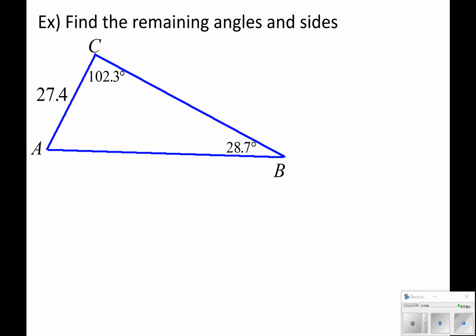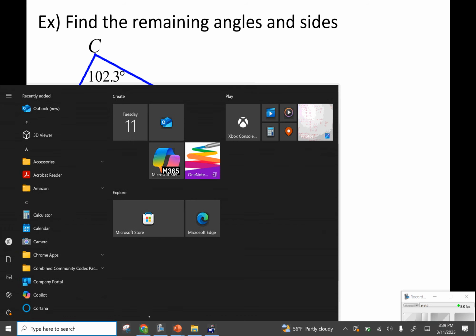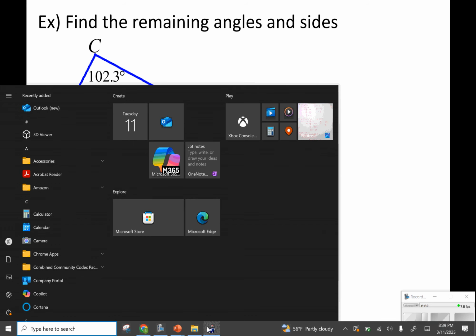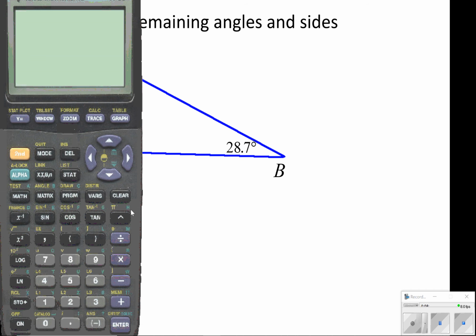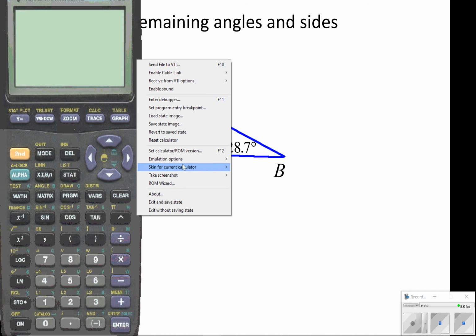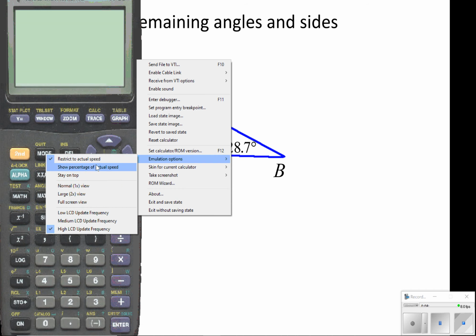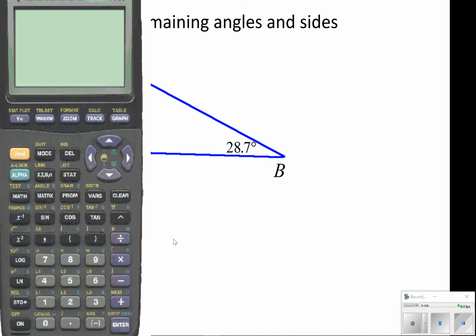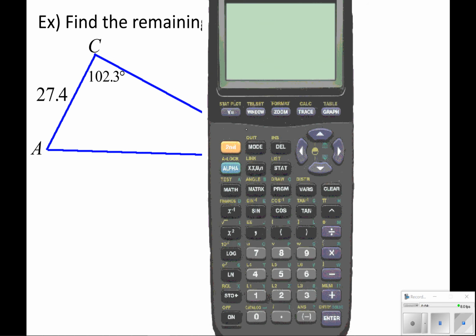Give me a second. Let me pull up my keyboard. My calculator is right there. Let me do a little fiddling around. Let's go into the emulation option and stay on top. It's going to give me that weird little calculator screen or skin on the top. Let me move this over to the side.